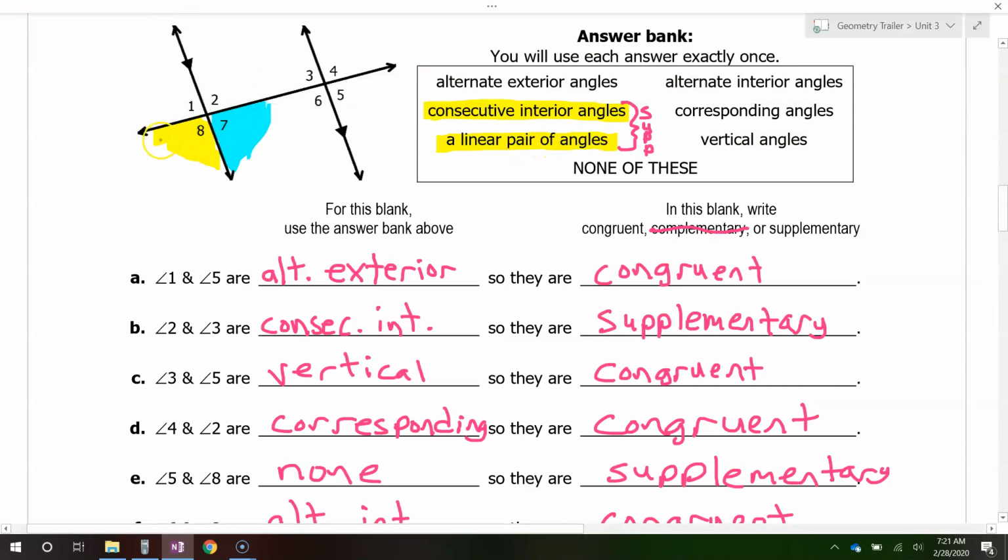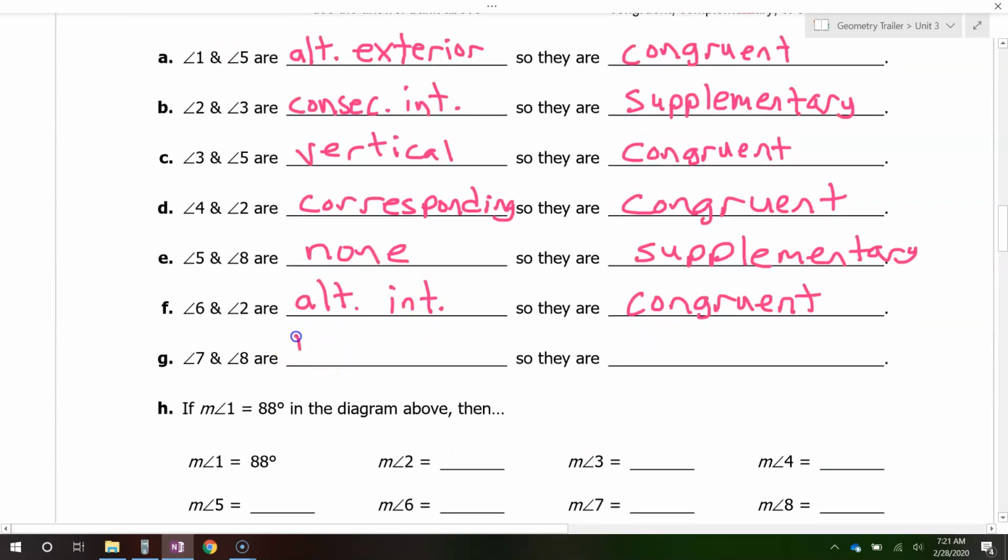A linear pair, a straight line is always going to give you 180 degrees, right? If you look at this, of course, that's 180 degrees. And that's one of the two that I told you at the beginning were supplementary. So linear pair, and they are supplementary.